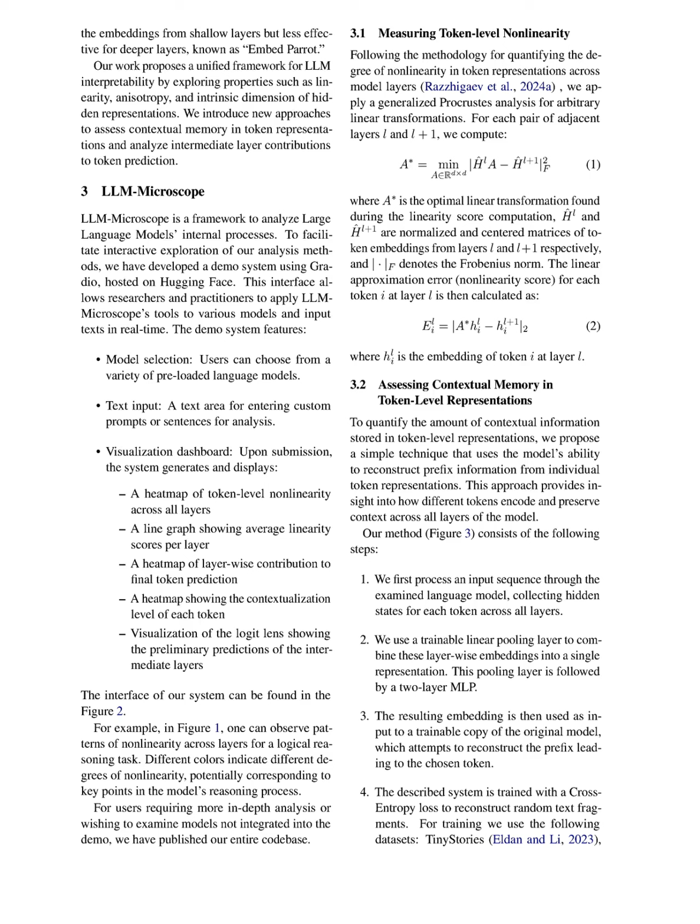For contextualization, the model processes an input sequence to collect hidden states for each token across all layers, then uses a trainable linear pooling layer, followed by a two-layer MLP to reconstruct prefix information from individual token representations.